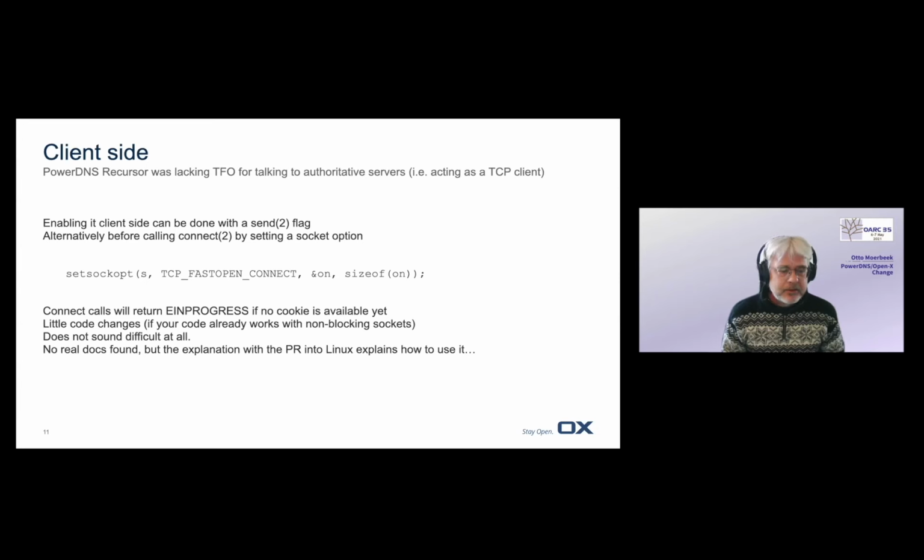It does not sound difficult at all, but there is a drawback, and that is this particular set socket option call is not documented at all. If you want to know how it works and how to use it, you have to look up the pull request into Linux where it was introduced, and which explains how to use it. So that is a bit of a drawback.